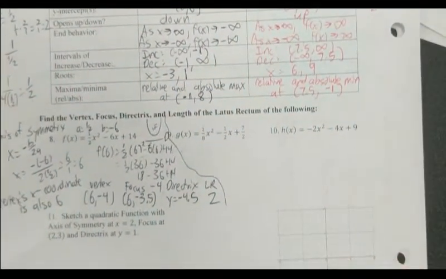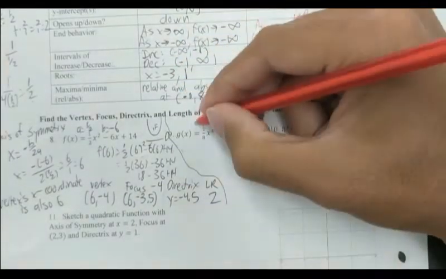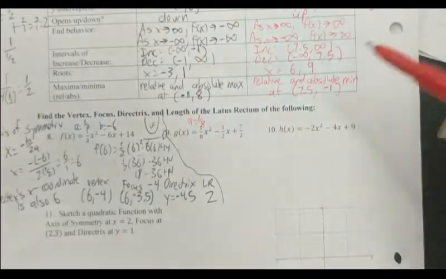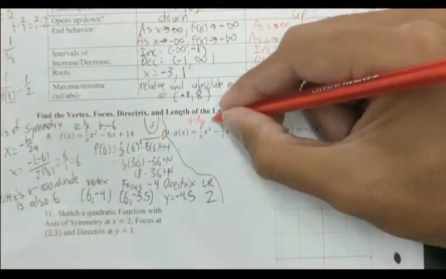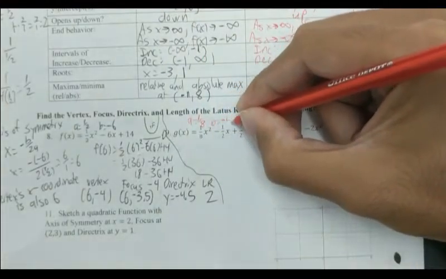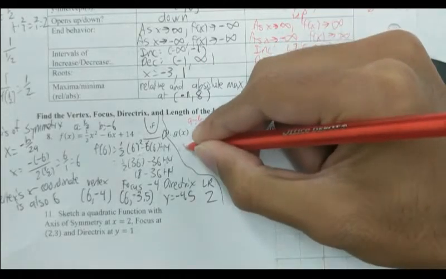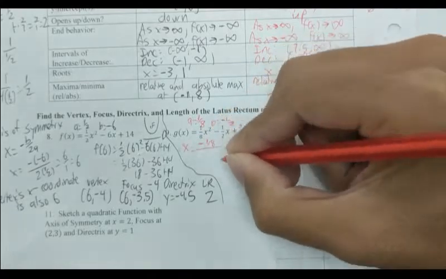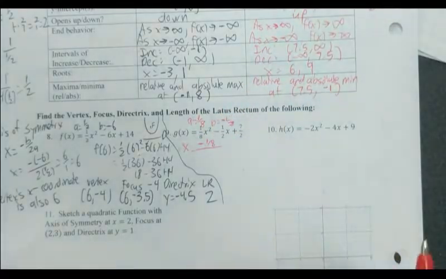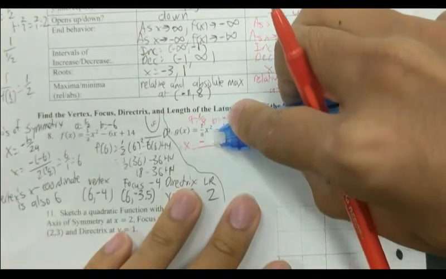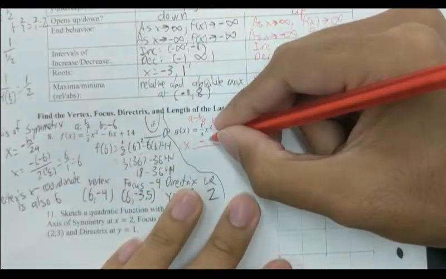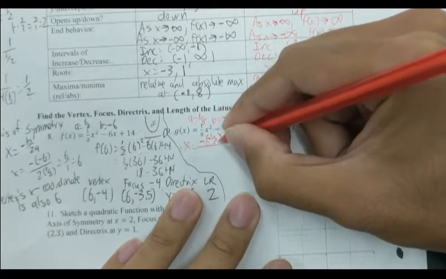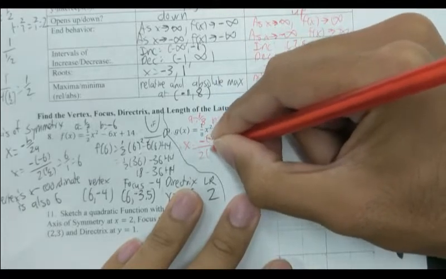Okay, so repeat that process for g of x. So in this case, a is 1/8. Okay, b is negative a half. Okay, so axis of symmetry would be negative b, so negative negative 1/2 over 2a.